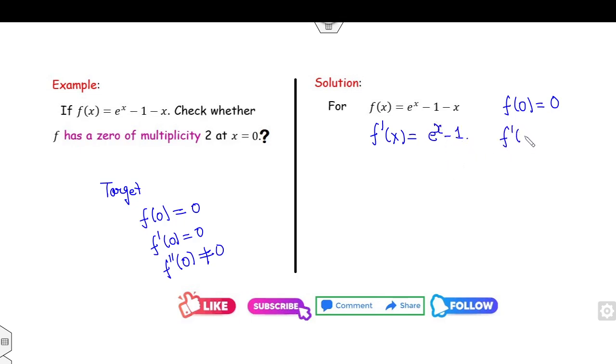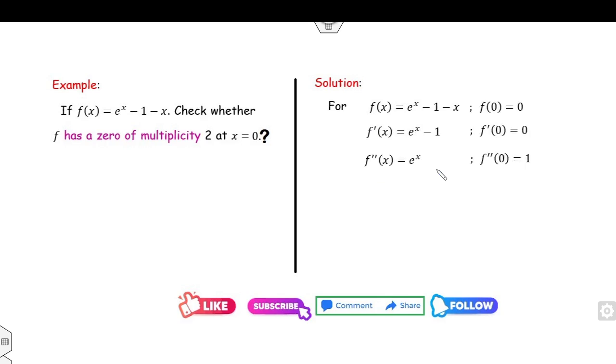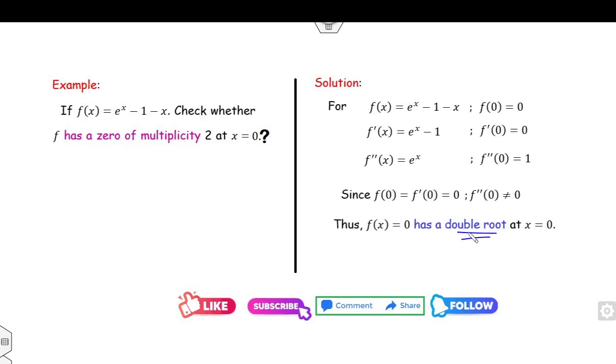Clearly f'(0) is again 0. However, what is f''(x)? And clearly f''(0) is non-zero. So yes, you can see x equal to 0 is a double root of the function f(x).